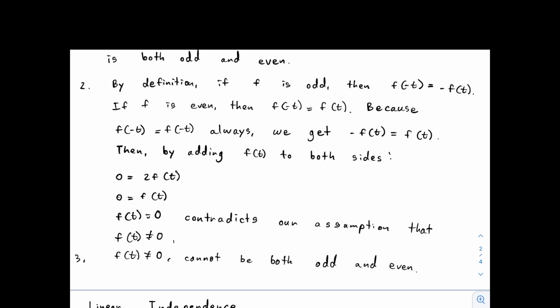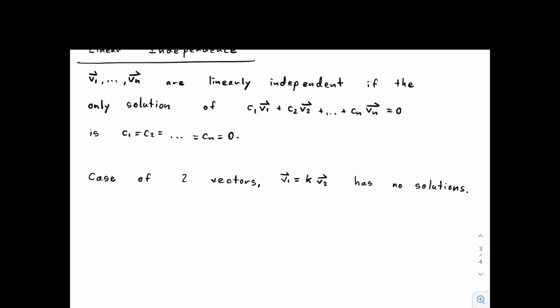So to give you an example of that, let's consider the linear independence of multiple vectors. To summarize the idea of linear independence, if you have some vectors v1 to vn, those vectors are linearly independent if you consider the linear combination c1 times v1 plus c2 times v2 all the way to cn times vn equal to 0, and the only way that you can get that to work is c1 equals c2 up until cn equals 0.